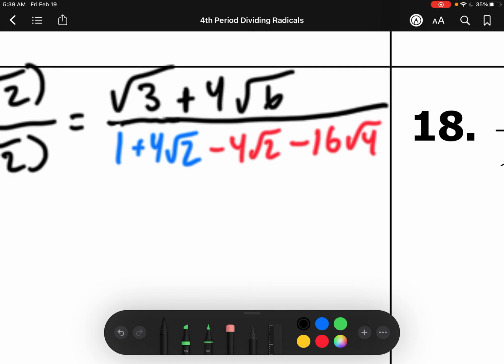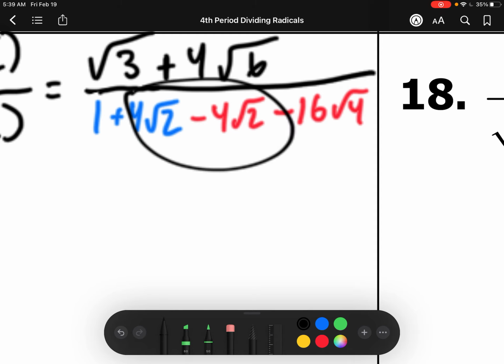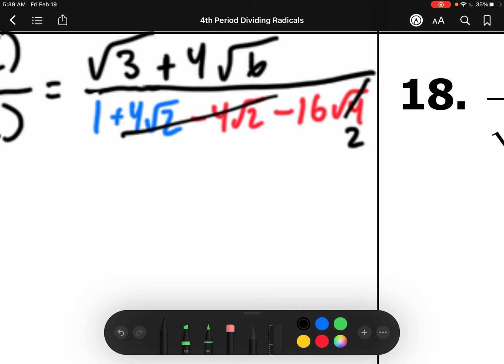All right. So in the numerator, I can't simplify anything, right? And in my denominator, we have a common radical. Again, that's going to happen every time when you multiply by the conjugate. These are going to eliminate each other out. Square root of 4, we know that is 2, right? So this becomes 16 times 2, and can't forget about the negative, that is going to be negative 32, right?